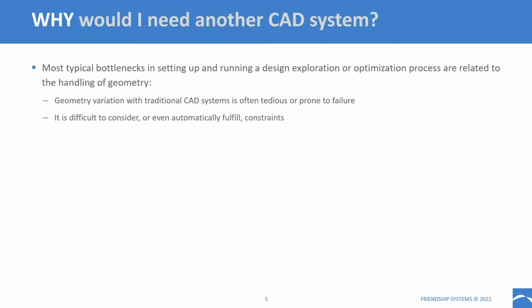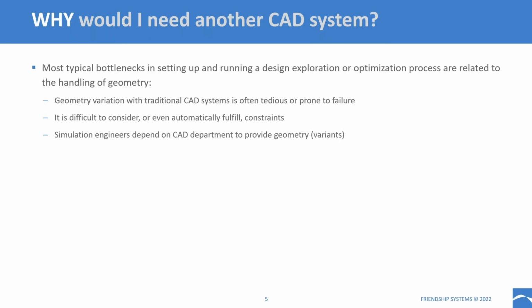So when we're optimizing a geometry, we would typically like to fulfill certain constraints, maybe due to manufacturing, because you have a certain manufacturing process, or due to, I don't know, the available space and so on. So it's important to make sure that the geometry at the end of the optimization process fulfills these constraints. So this is also something that is not always easy to do.